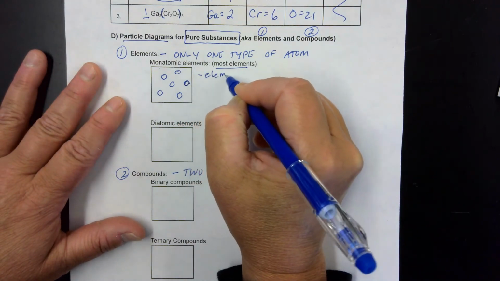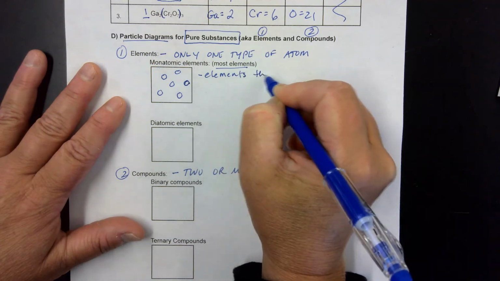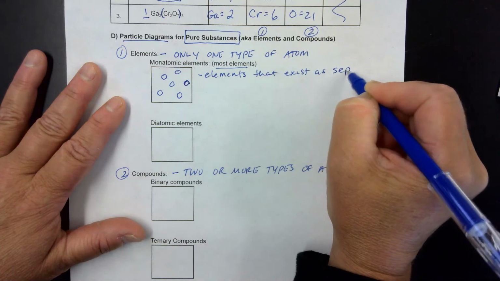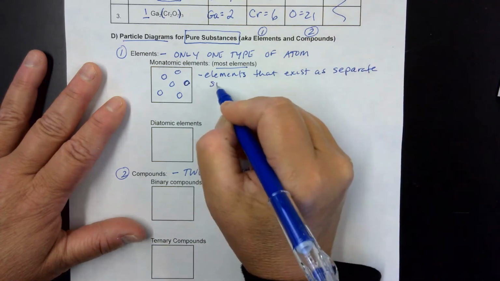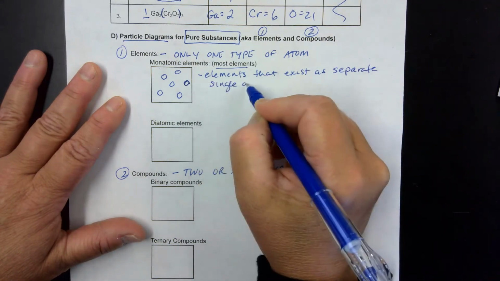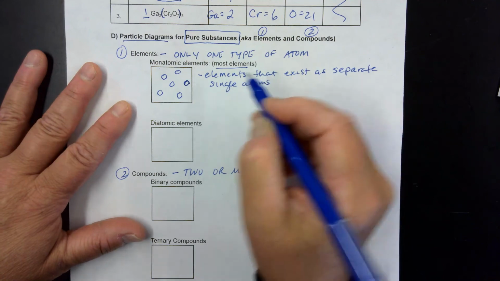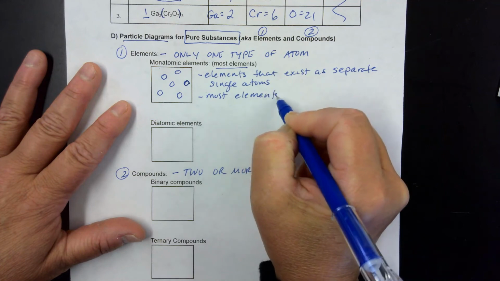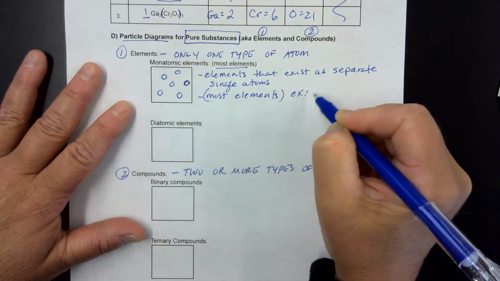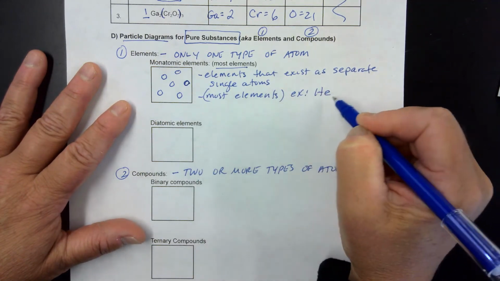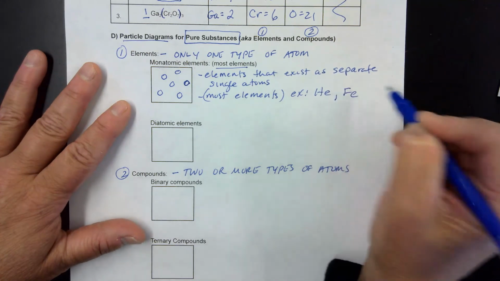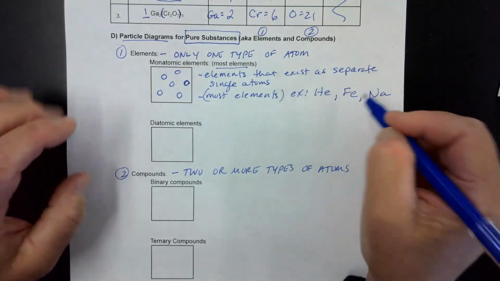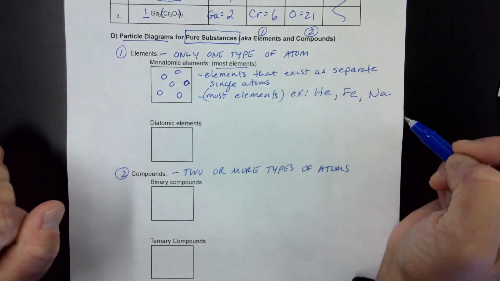So let's just say here we have elements that exist as separate single atoms, and most elements exist this way, right? So just as examples, helium exists this way, iron exists this way, sodium exists this way. Helium, iron, sodium.